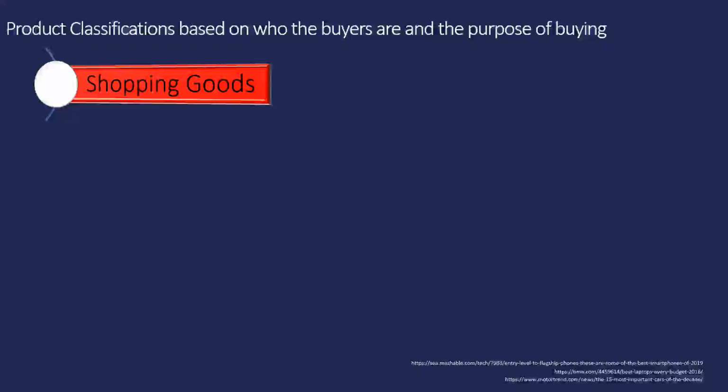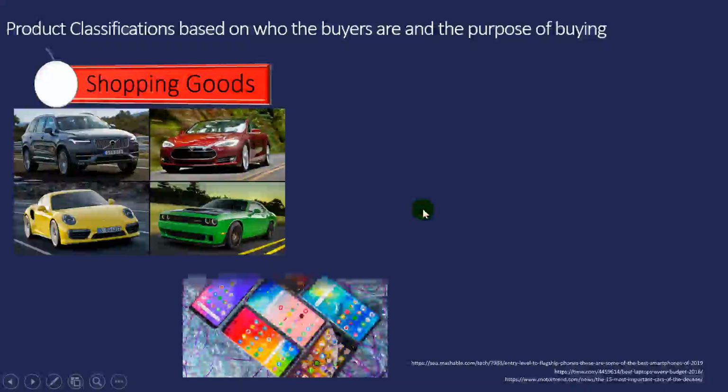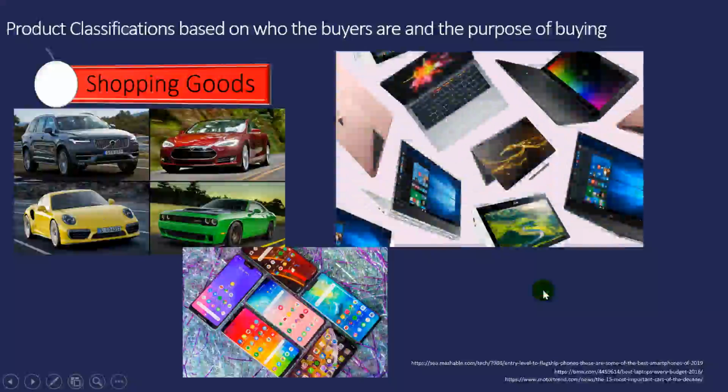Now next we have shopping goods. Examples are cars, mobile phones or smartphones, and laptops. These three things are goods that we need to compare. We will always need to compare which one is better for us, which one suits our budget, which one suits our needs.